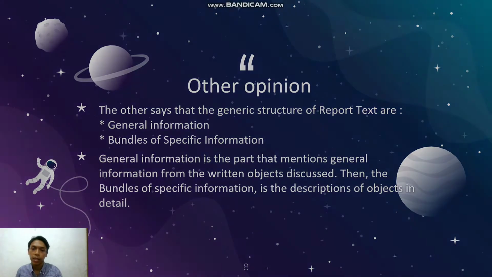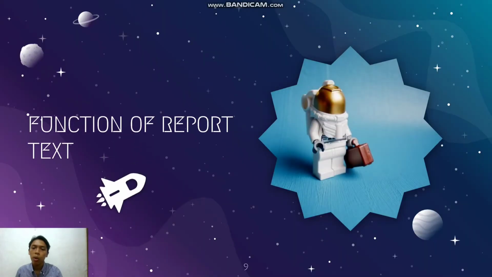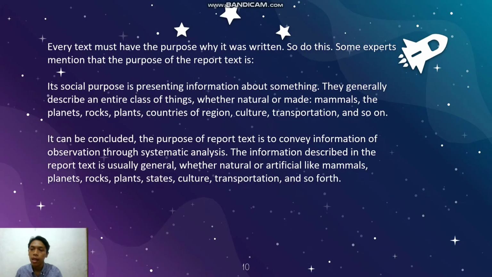Okay, next we'll be talking about the function of report text, or its purposes. Every text must have a purpose for why it was written. Some experts mention that the social purpose of report text is presenting information about something. They generally describe an entire class of things, whether natural or made, such as mammals, planets, rocks, plants, countries, regions, culture, transportation, and so on.